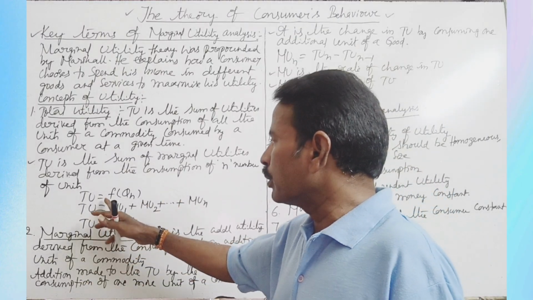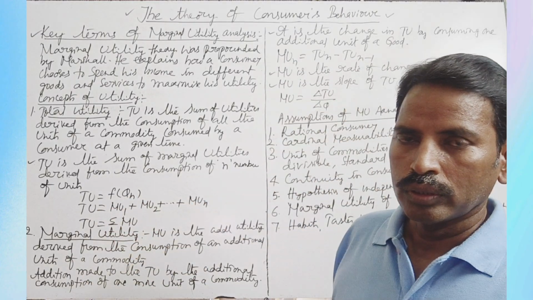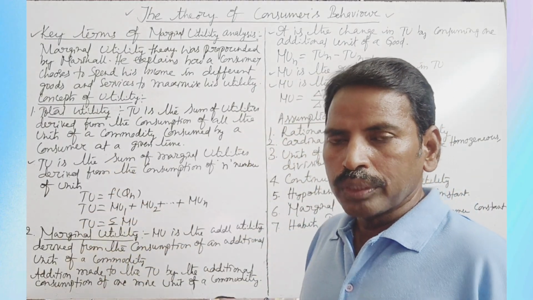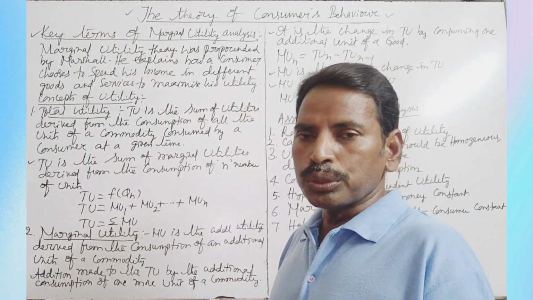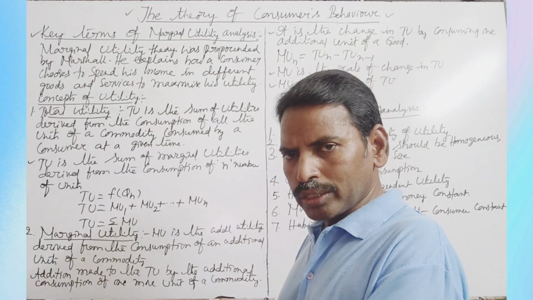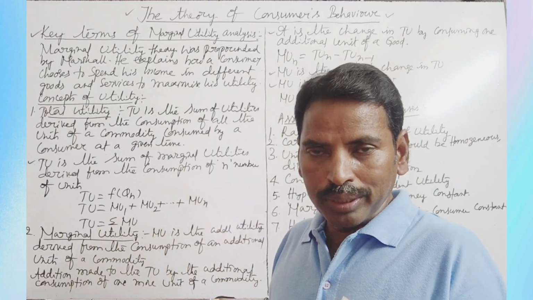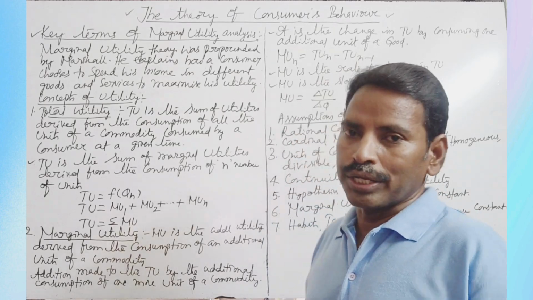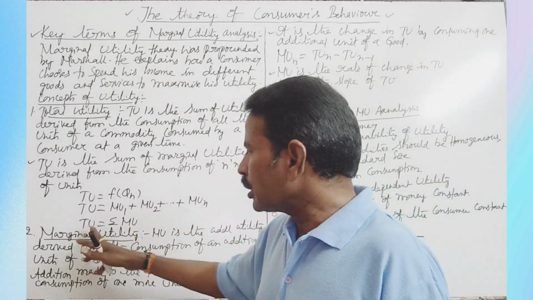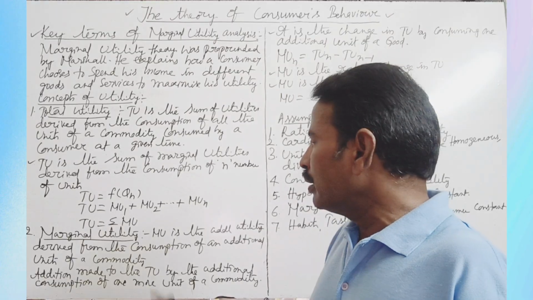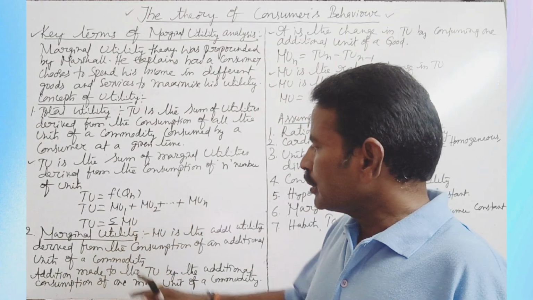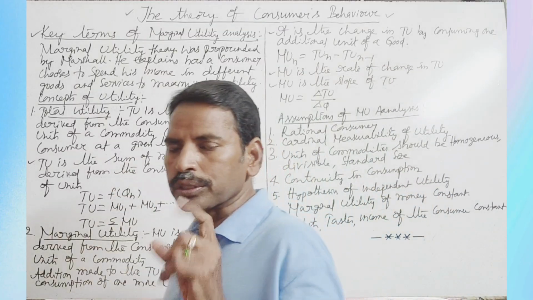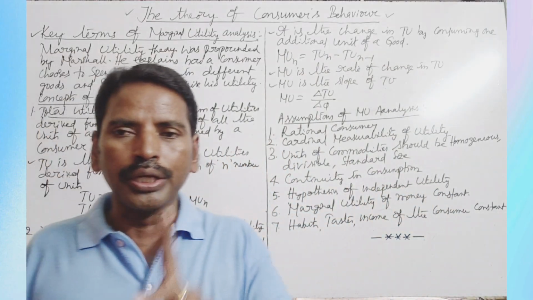Second, TU is equal to MU1 plus MU2 plus and so on plus MUn. That means total utility is the sum of marginal utilities, TU equals sigma MU. The symbol sigma means total. Right, this is the first concept, total utility.